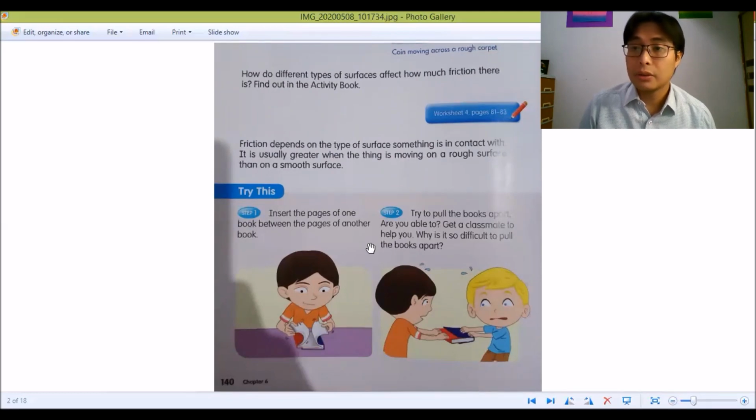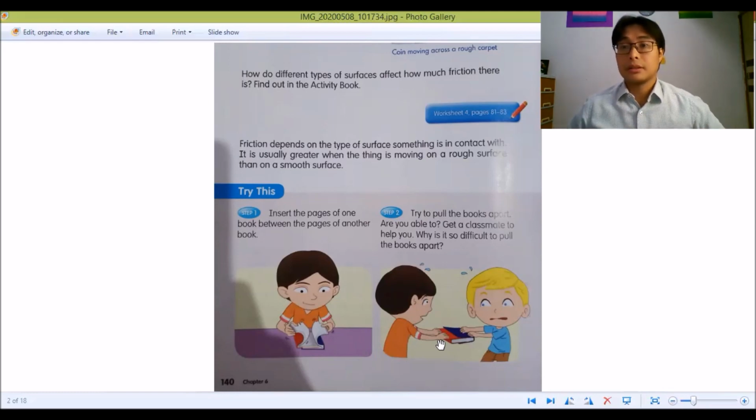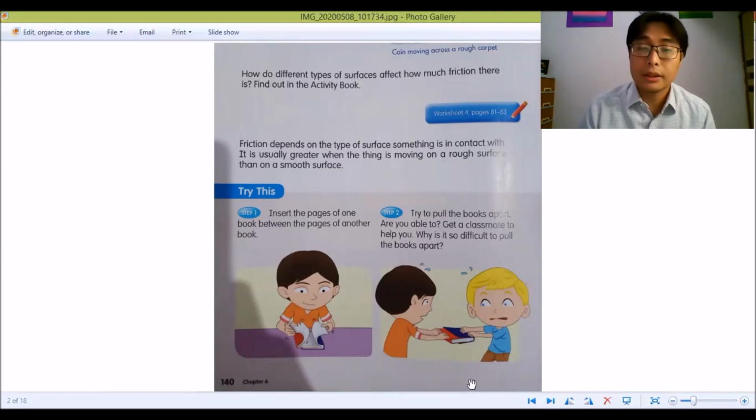And then ask yourself, are you able to remove them? So, is it difficult to pull the books apart? Obviously, it's very hard to pull them apart. But you can still try it at home.